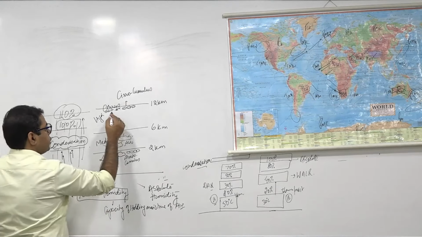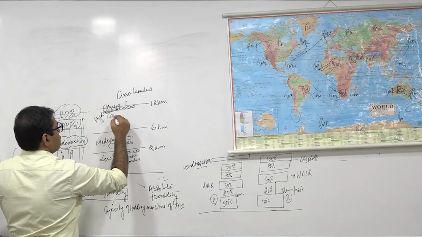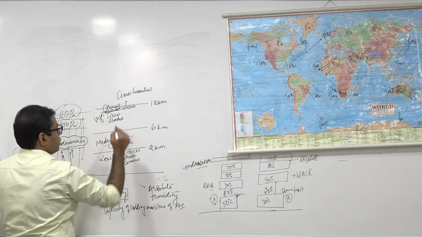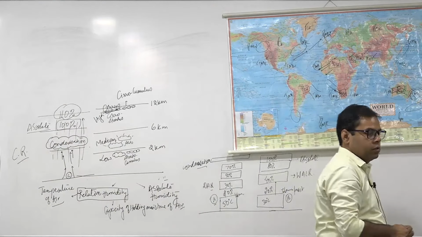And when these cirrus clouds are in horizontal expansion, this is called cirrostratus. Cirrostratus.